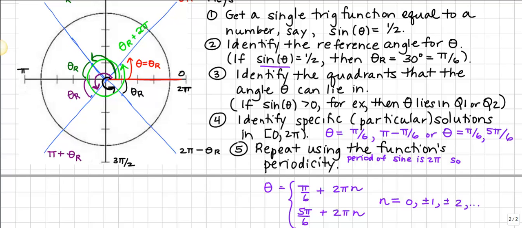And then 5, identify the function's periodicity and use that to replicate the remaining solutions. Now we're going to do some examples in just a moment.